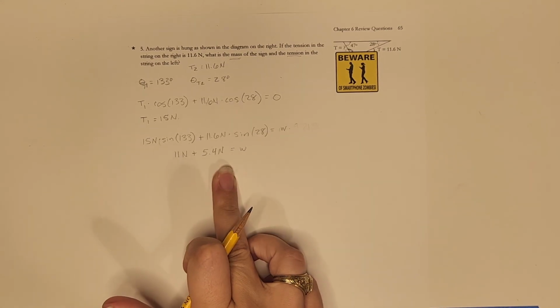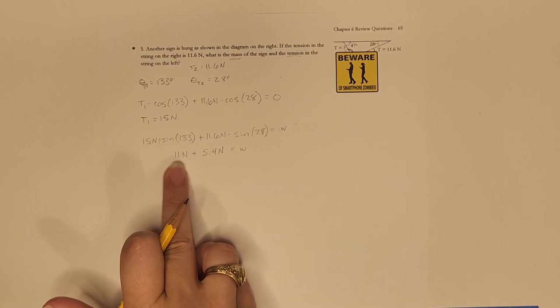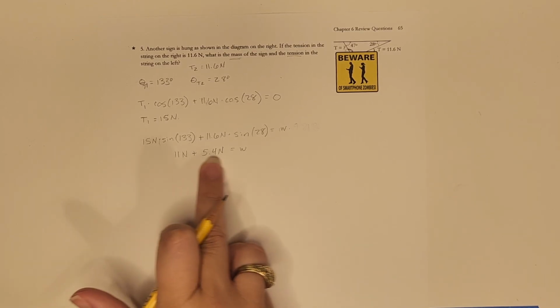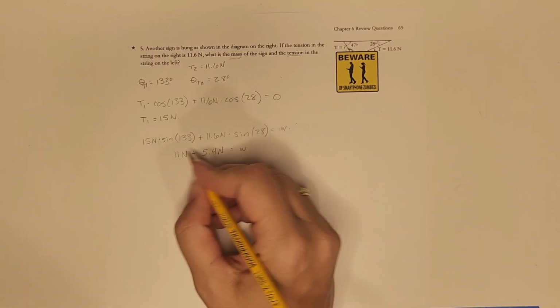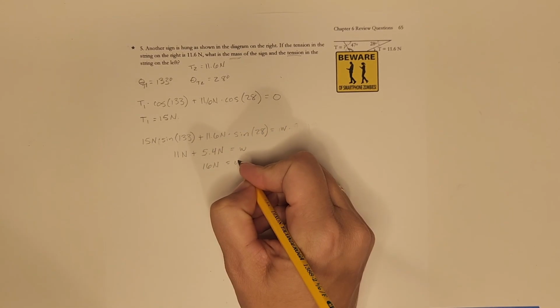Now when we add these together, by significant digits, it's just going to be to the ones place because we're adding. And so it's just 11 plus 5, and 16 newtons equals the weight.